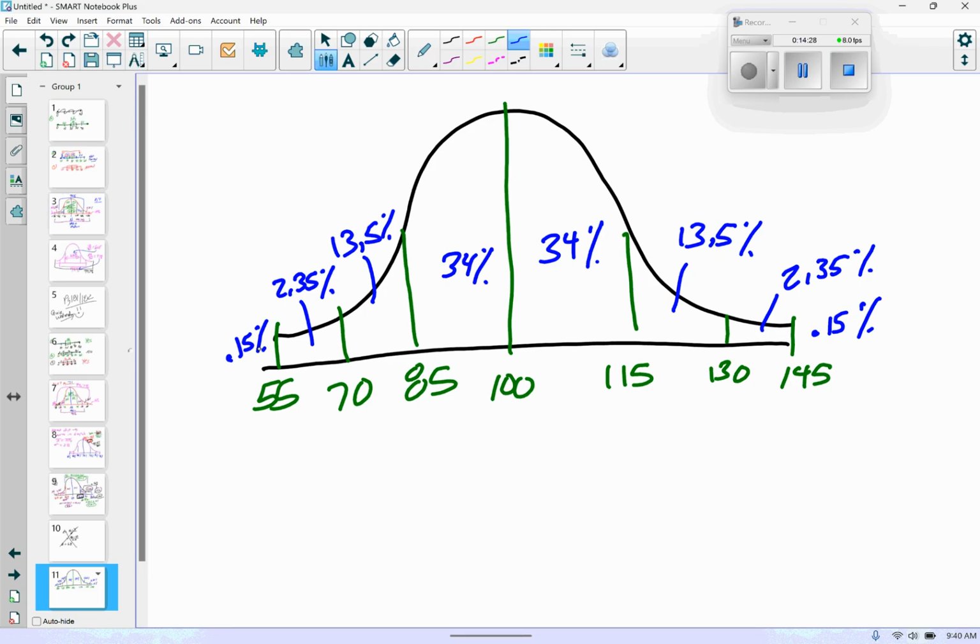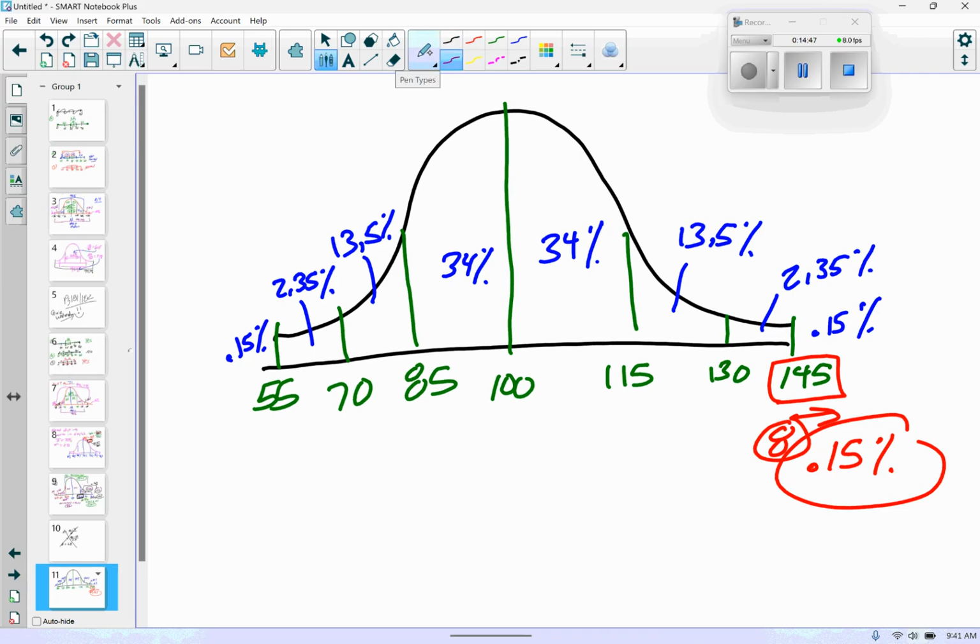All right. So number 8 says, what percent of people have an IQ greater than 145? You're talking about 0.15% of the population. So that's the answer to number 8. Okay? And then all IQs between 85 and 115. So that's these. So that's going to give me 68% of our population falls within 1 standard deviation. So that's the answer to number 9.